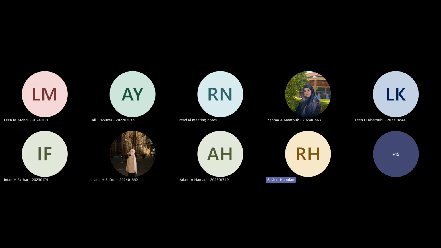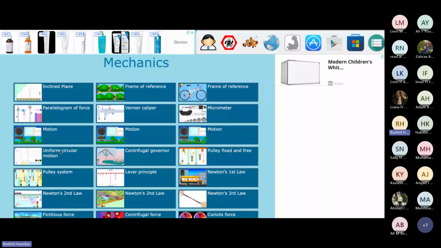This site has some nice animations of physics. Let's look at how the velocity, acceleration, and position vectors are changing when we go on a circle.